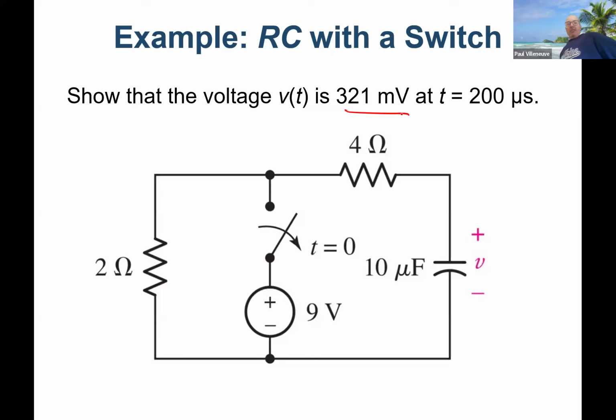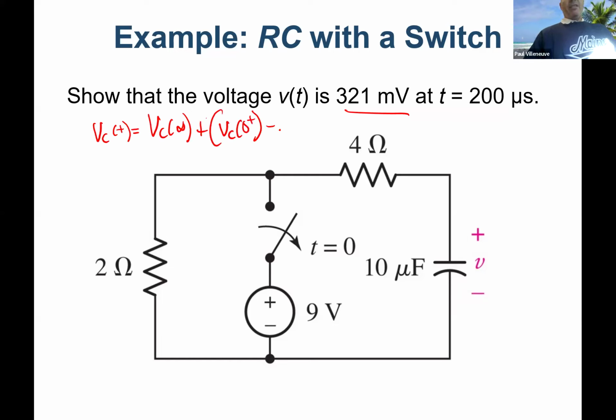So what do we need to do? We need to write an expression for Vc of t, which is equal to Vc of infinity, plus Vc of 0 plus minus Vc of infinity, e to the minus t over tau, right? That's the expression we're trying to solve for.